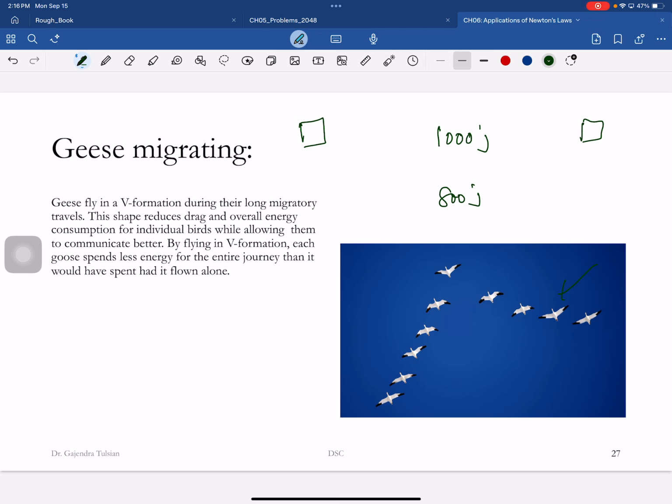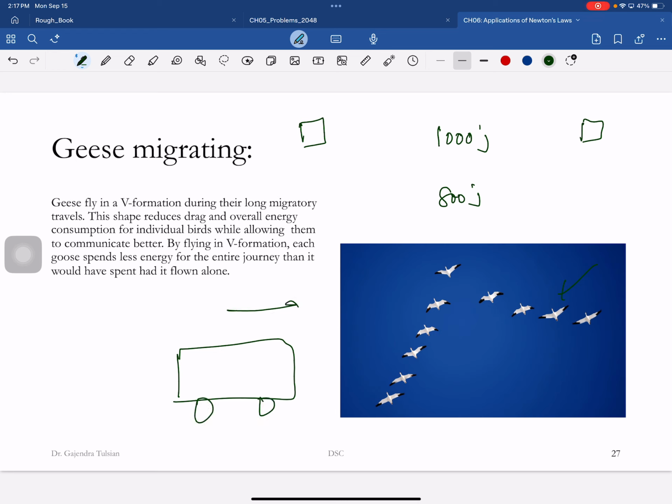Why does flying in this formation use less energy? So we said, have you drafted a semi on a highway? I don't know what that means. Well, don't be doing that. At least I didn't tell you to do it.